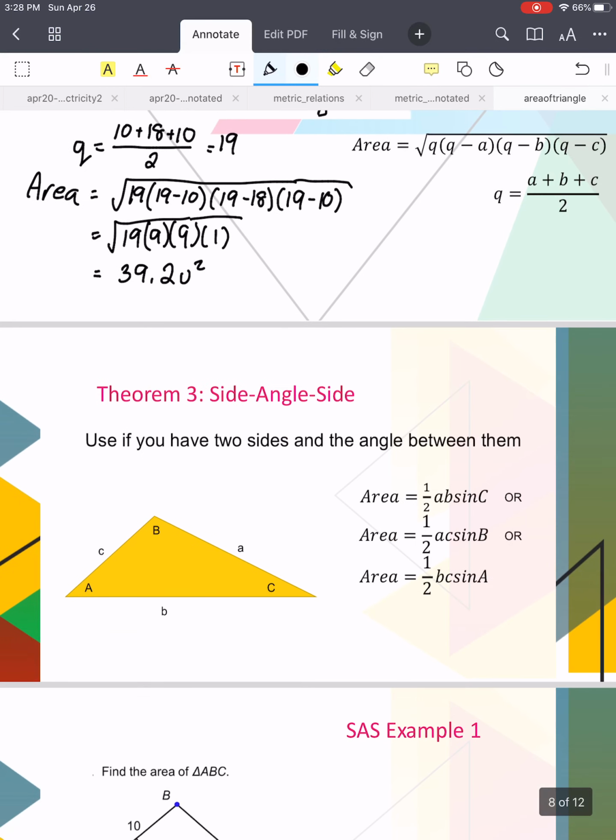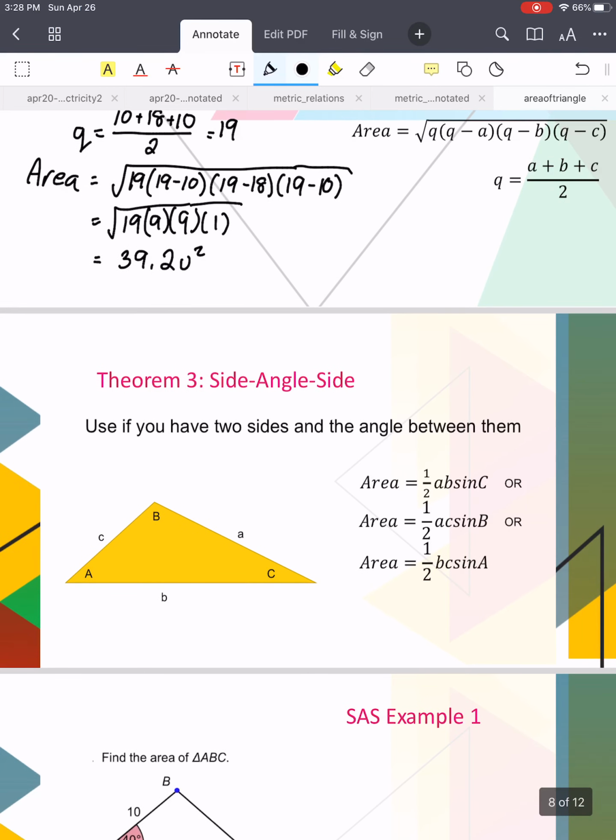The final formula that I have for you is what I call the side angle side. So if you have 2 side lengths in a triangle and the angle that's formed by those 2 sides, the angle in between the sides, then we can use this formula.